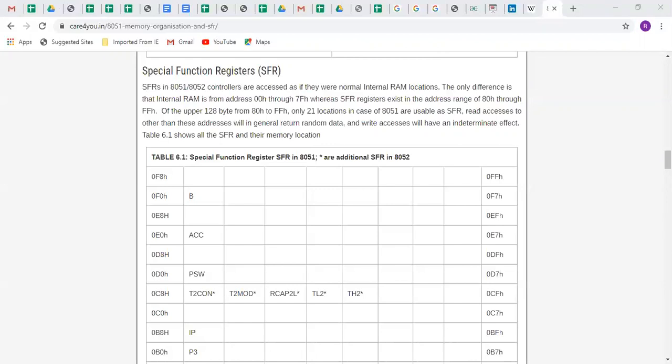It is a 40-pin IC. Connecting the EA to VCC allows you to fetch the instructions starting from the internal program memory followed by the external program memory. If the pin EA is connected to ground, then only the external program memory is fetched, and the internal program memory in that case is bypassed.